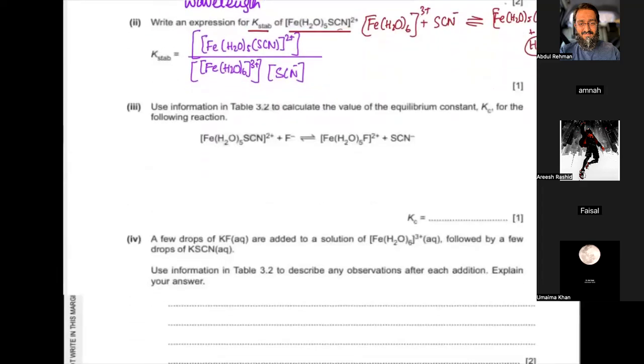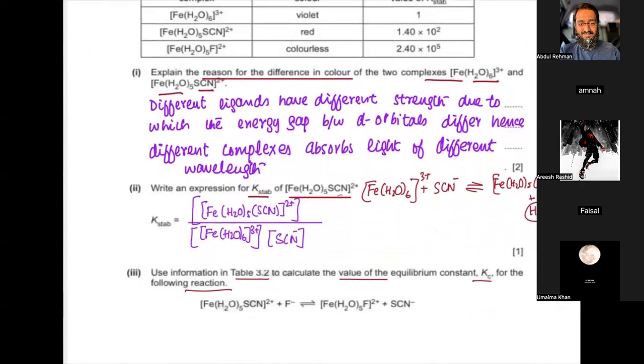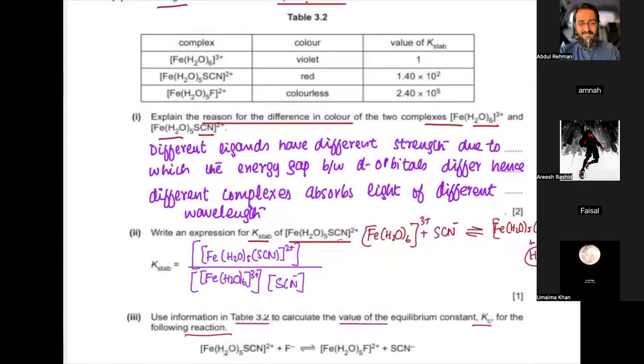Okay. Now, use information in table 3.2 to calculate the value of the equilibrium constant Kc for the following reaction. Okay. Now you need to calculate the value. So if you see, you are provided with the K step for water.